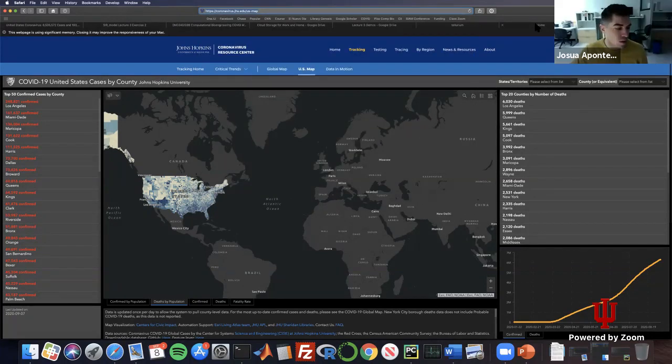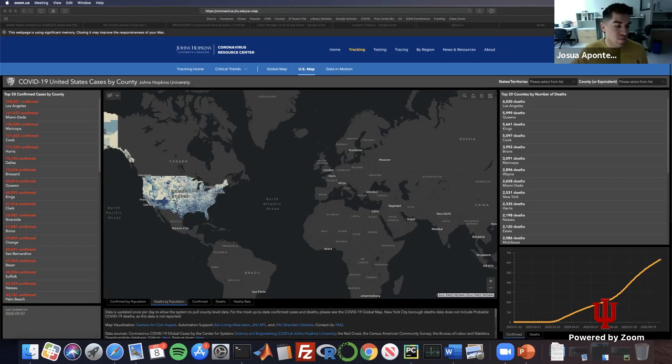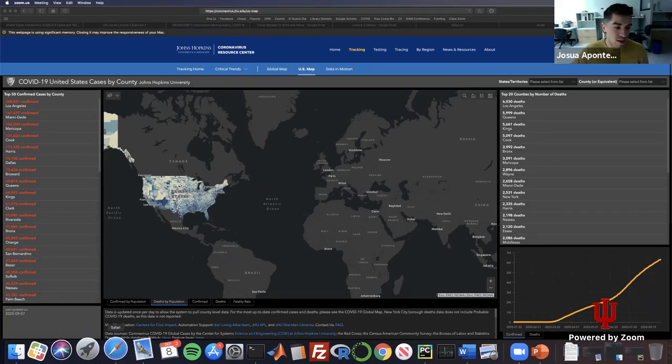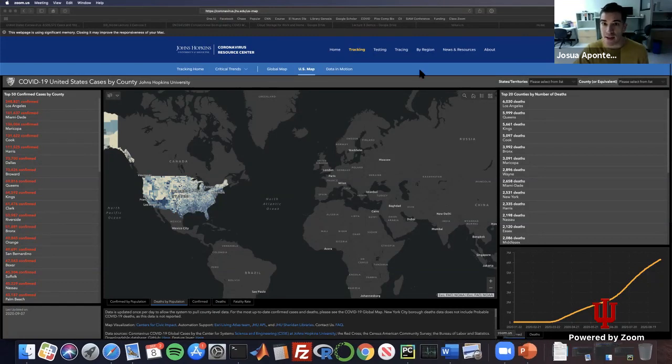Worldometer is another one that's also been tracking, and you can see the plots and the curves quite easily. But the only place I was able to find data that I can actually download and use is this site.